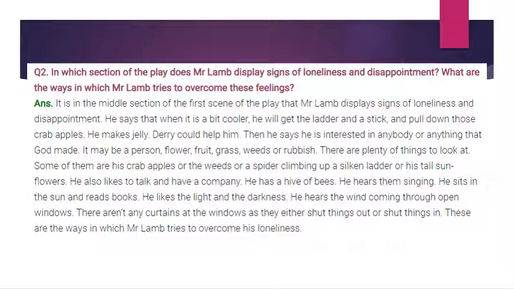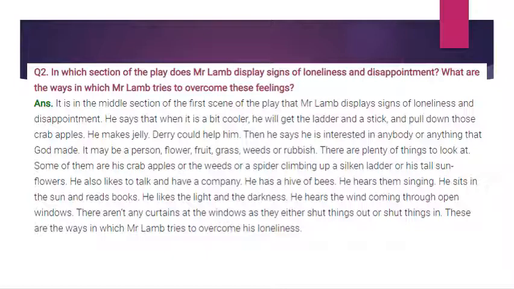Derry could help him. Then he says he's interested in anybody or anything that God made. It may be a person, a flower, fruit, grass, weeds, or rubbish. There are plenty of things to look at. Some of them are his crab apples, or the weeds, or a spider climbing up a silken ladder, or his tall sunflowers. He also likes to talk and have company.